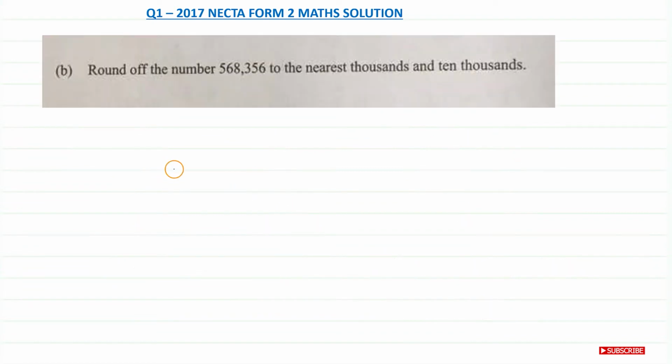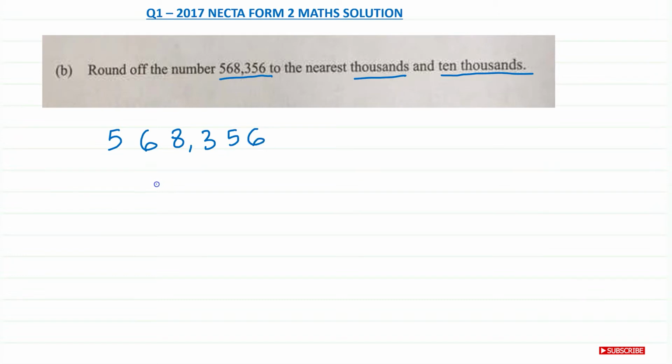Now for question B, we're told to round off the number 568356 to the nearest thousands first, and then to the nearest 10,000s. So what do we do? Let's write this number here: 5, 6, 8, 3, 5, 6.